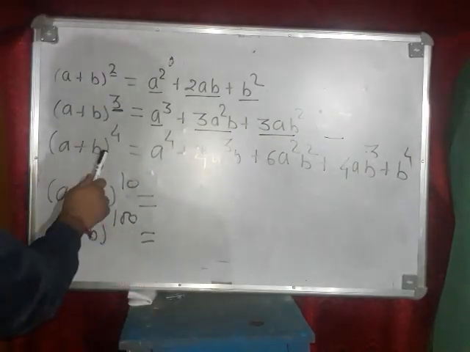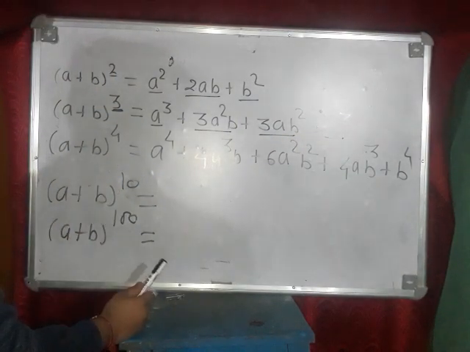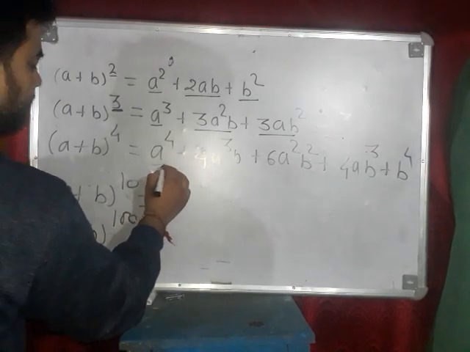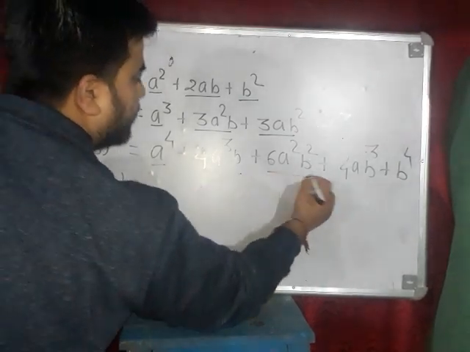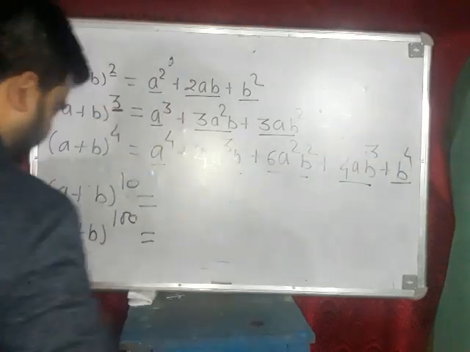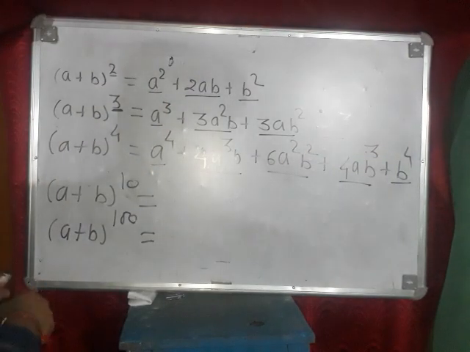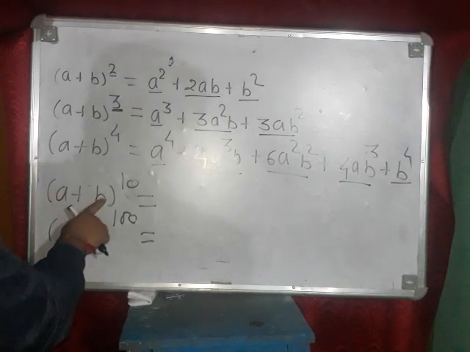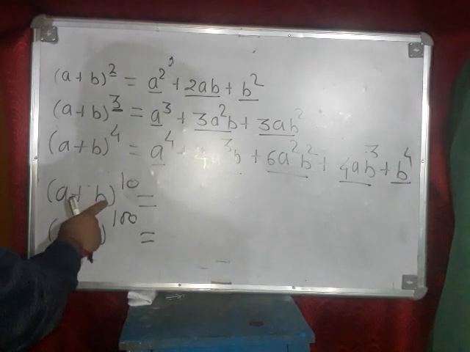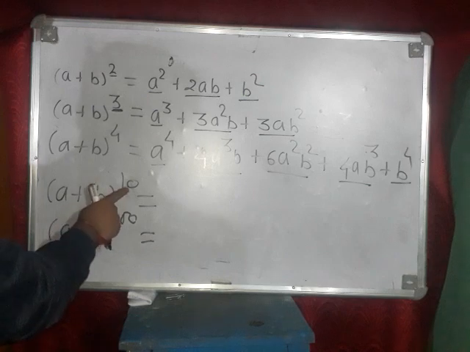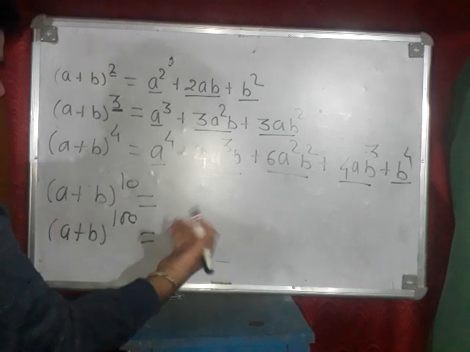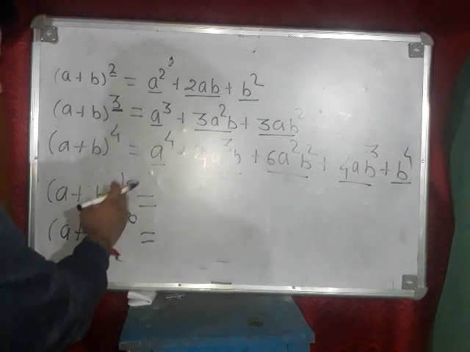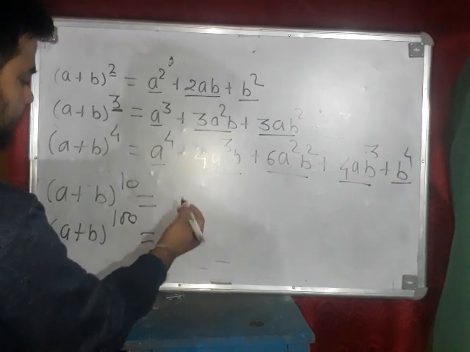If a plus b whole to the power 4, then there are 5 terms: 1, 2, 3, 4, 5. Likewise, for a plus b whole to the power 10, there are 11 terms in the expansion.